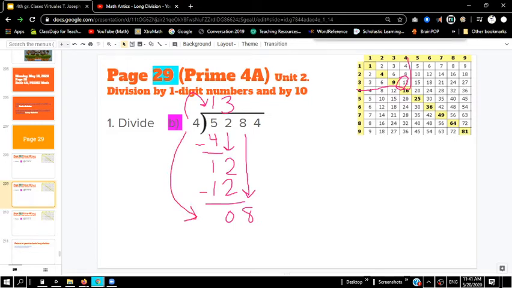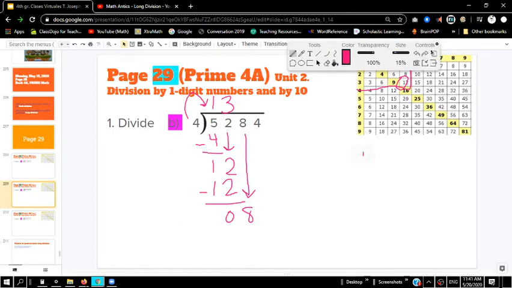Well, 4 times 2 equals 8. So 2 goes on the top, and my 8 goes on the bottom. I will subtract, just like normal, and I find it is 0.